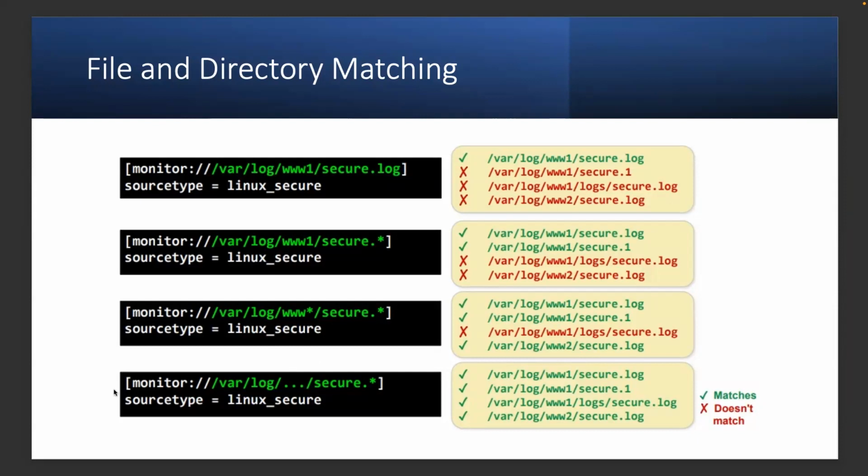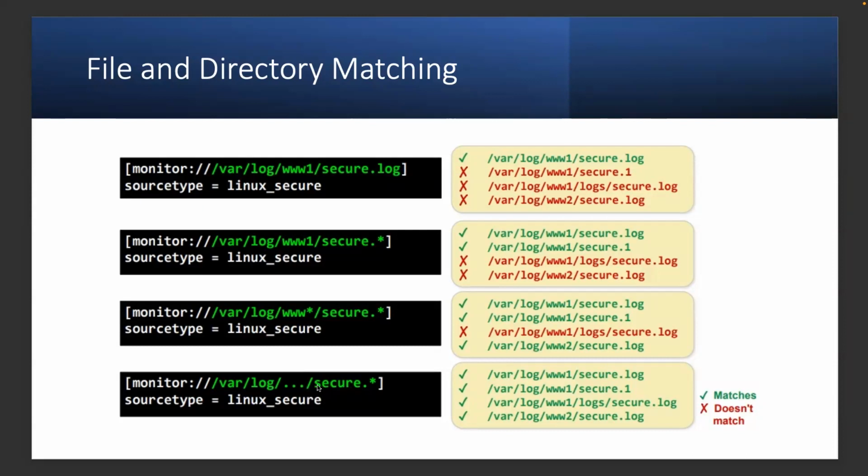And here now, we're even making it more open. We say monitor var/log. Now, these 3 dots, what we are saying is, remember, we had this www1 or whatever www. So we're saying now, 3 dots, try to traverse whatever is in between. So look at var/log, and whatever is in between var/log and secure.log.